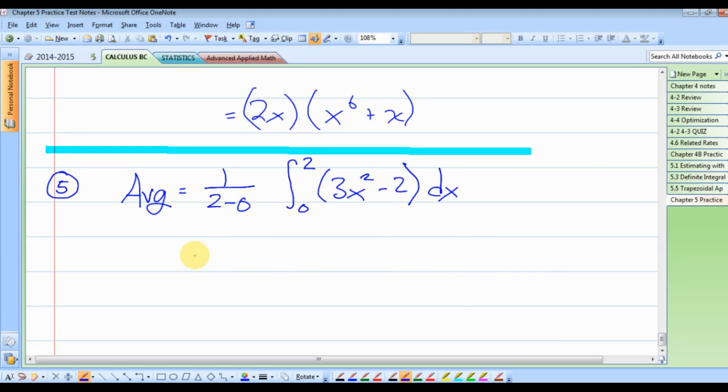Perfect. Okay, that's 1/2. And we'll have to do the method of antiderivatives. So that's 3 times 1/3 x cubed minus 2 times x from 0 to 2.